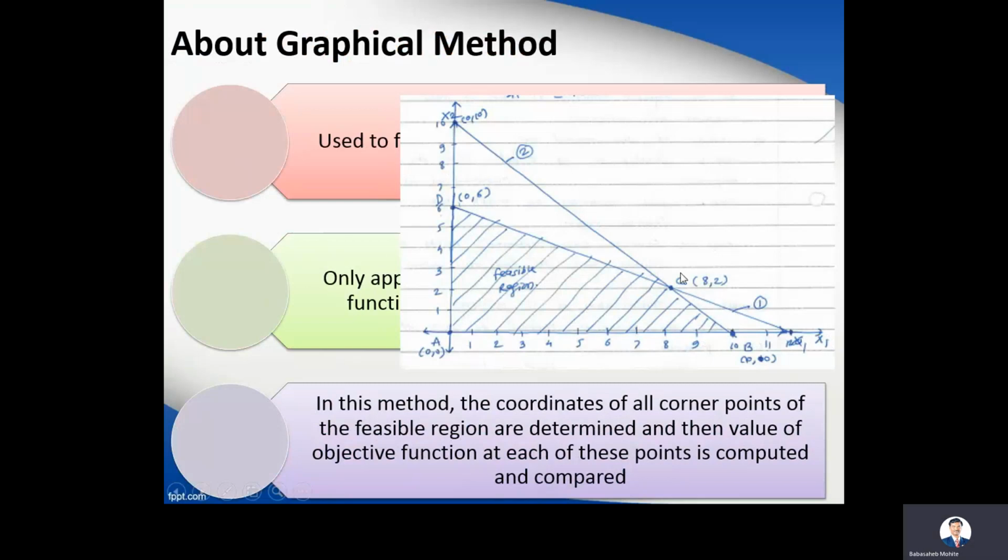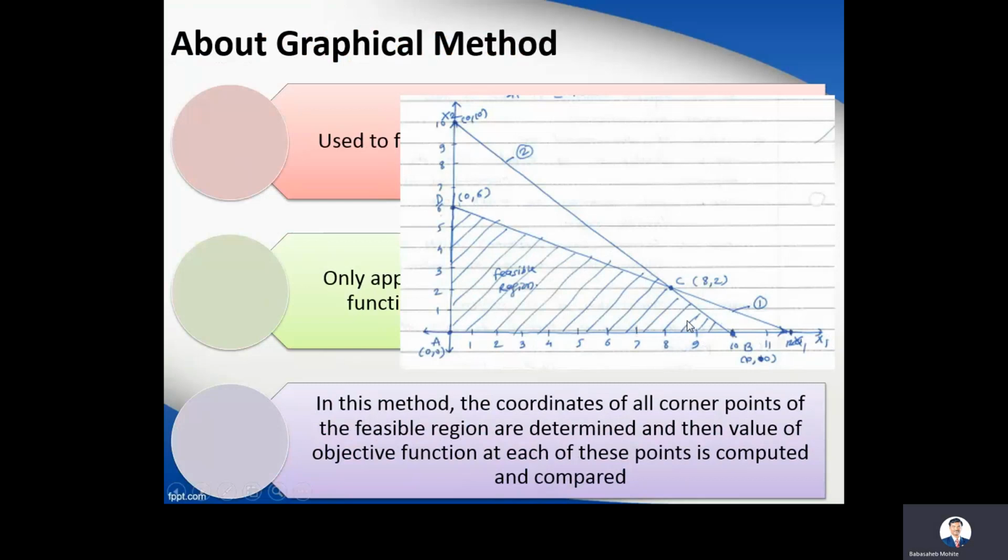From this diagram, we can say the region below the first line and the second line is my feasible region. To identify this feasible region, we need to consider the conditions, whether the condition contains a less than or equal to sign, a greater than or equal to sign, or an equal to sign. On the basis of that, the feasible region changes.